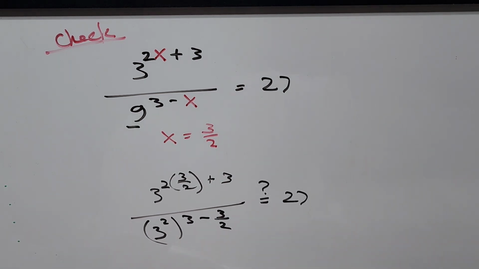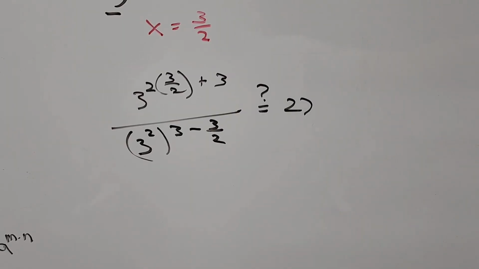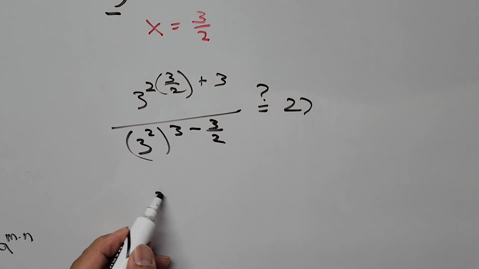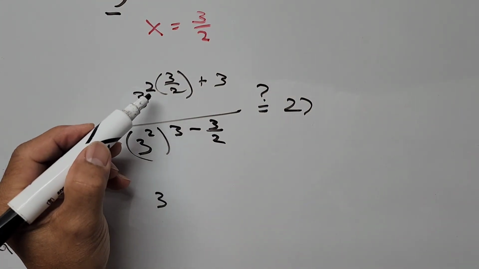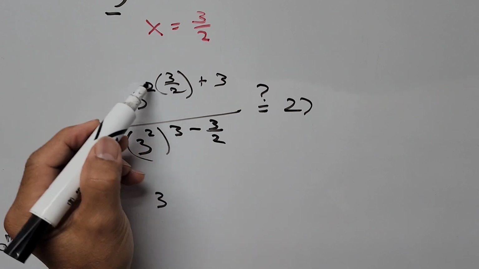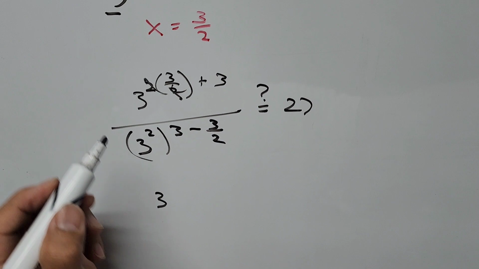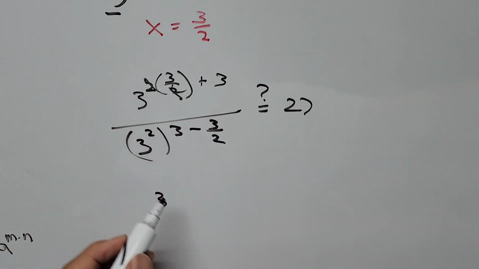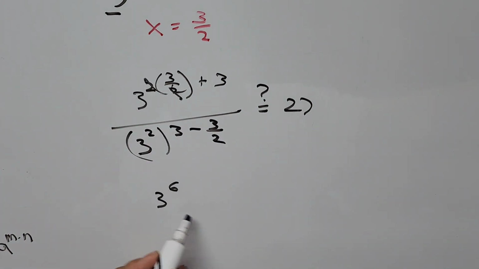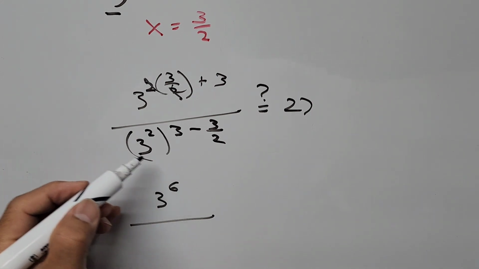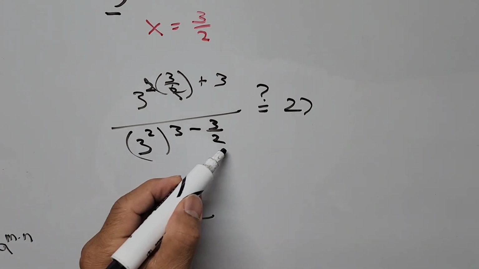So that's the question. So from here, simplifying the numerator and the denominator, that includes their exponents. So we have 3 to the power of 2 times 3/2. We can cancel 2, so we ended up with just 3 plus 3, right? So 3 plus 3 is 6, so 3 to the power of 6, divided by, and here we can simplify the exponent.